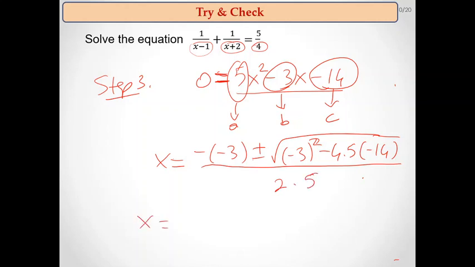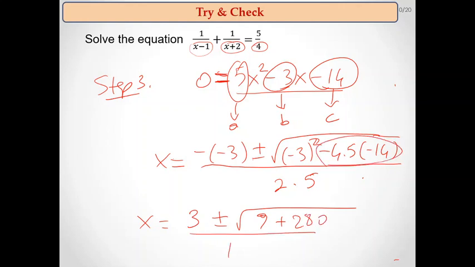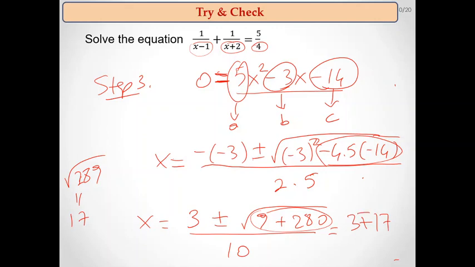So we have x equal to negative 3 plus minus the square root of 9 plus 280. If you calculate, we end up with the square root of 289. You can check, this is 17. So we have negative 3 plus minus 17 divided by 10.